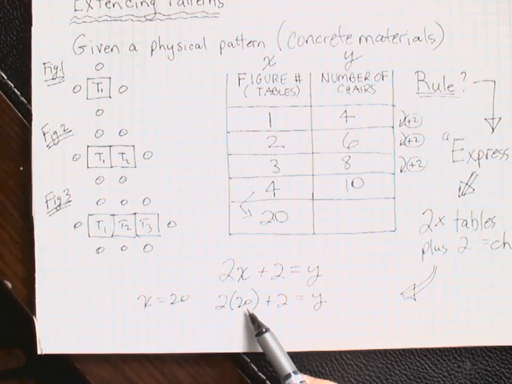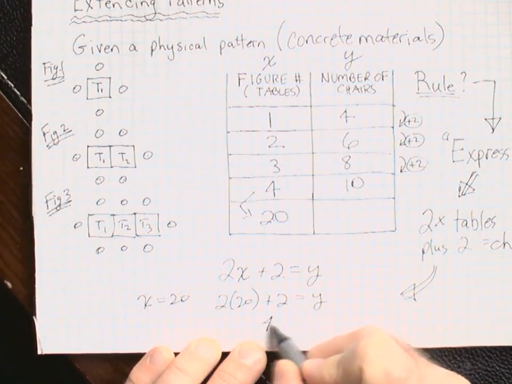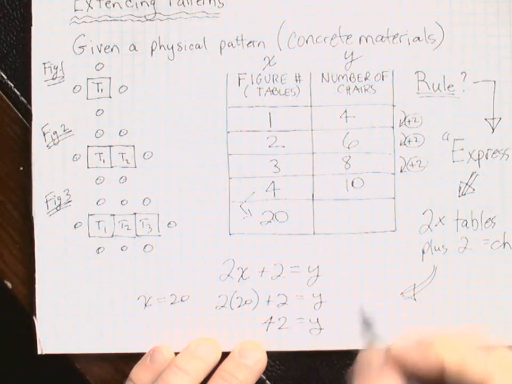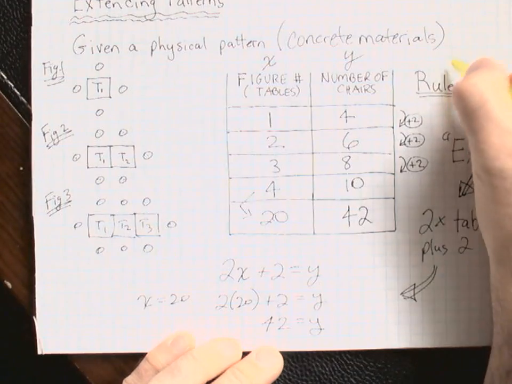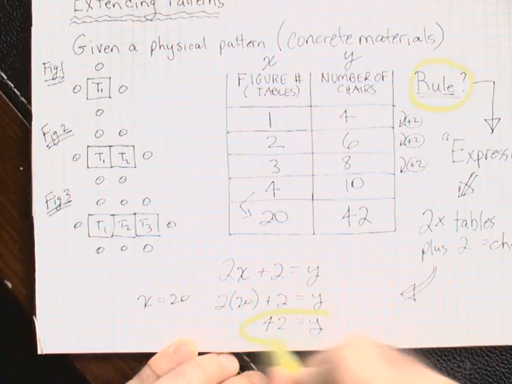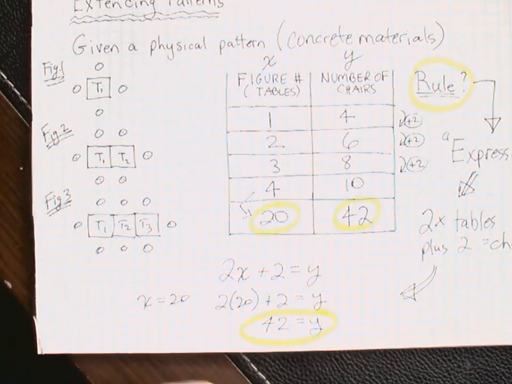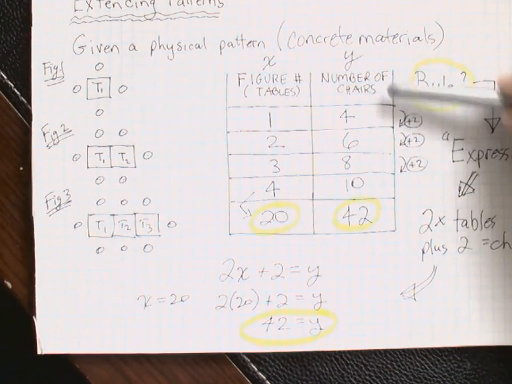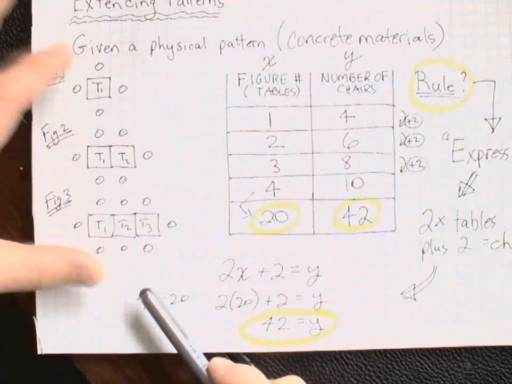Well, 2 times 20 is 40, plus 2 is 42. Figuring out the rule really helps when you have to extend it past a reasonable point where it's no longer practical to continue a giant table or write out all these diagrams here.